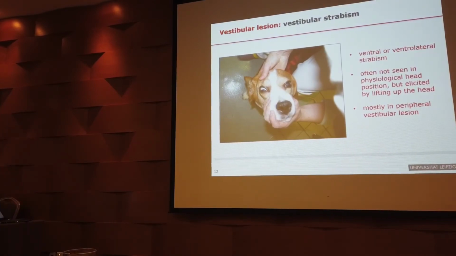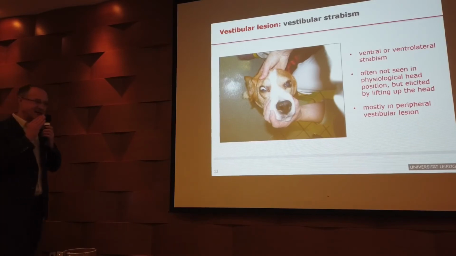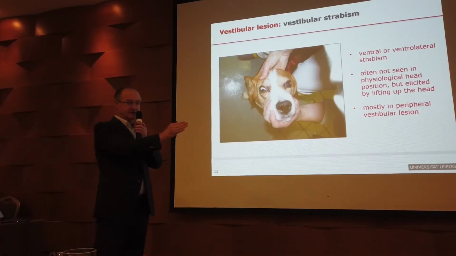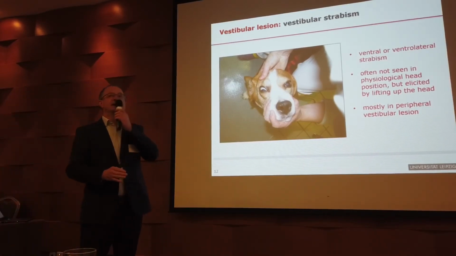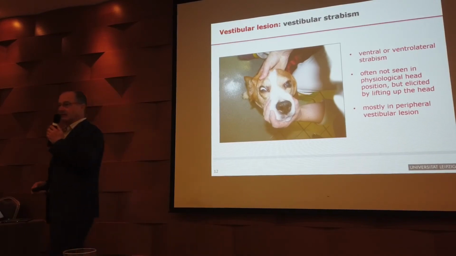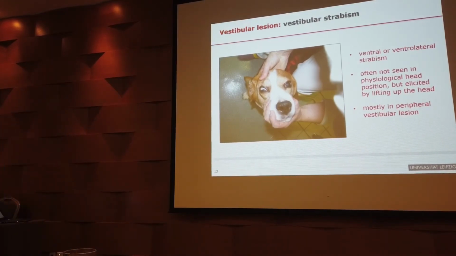One other symptom that is not as common, but it may exist, is that patients may have a ventral strabismus. Sometimes it's ventrolateral strabismus. And in some patients you may not see that as long as they are allowed to look straight, but if you lift up the head, the nystagmus may become obvious. So don't be disturbed by that.